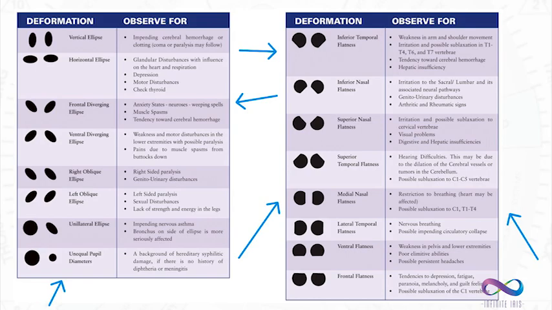The ventral flatness: weakness in the pelvic or lower extremities, possible persistent headaches. The frontal flatness: tendencies to depression, fatigue, paranoia, guilt feelings, possible subluxation of the C1 vertebrae. Flattenings are more commonly seen by the iridologist.